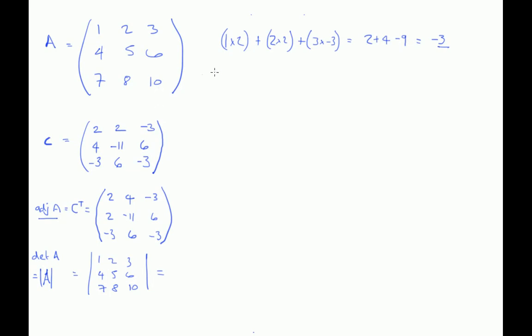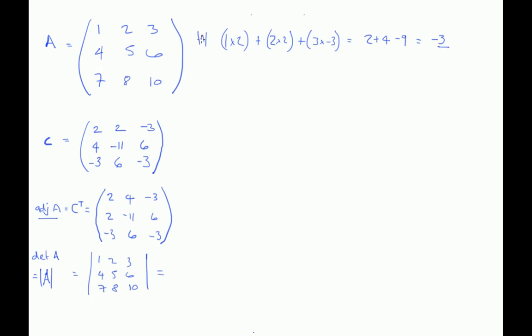So we've got this one which has a non-zero determinant, so we can go through and take our adjoint matrix and divide through each of those by the determinant.